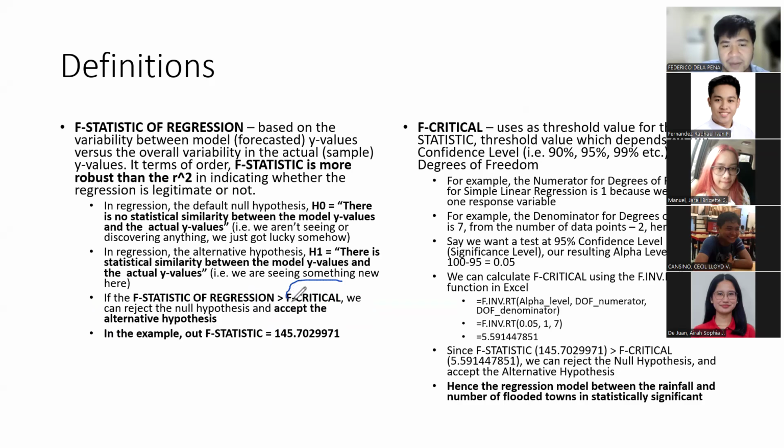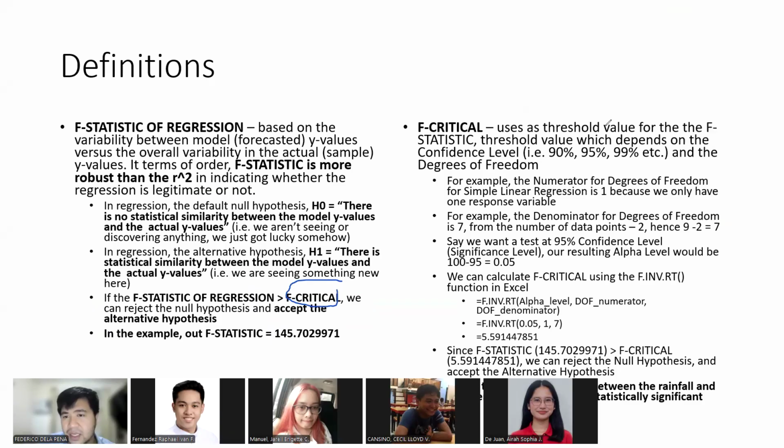Right? So what is the F critical? This is another parameter that I'm going to briefly discuss. The F critical is used as a threshold value for the F statistic. Sorry for the grammar, I crammed this lecture this afternoon.